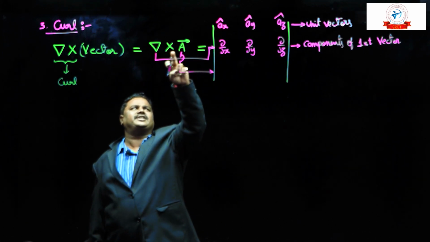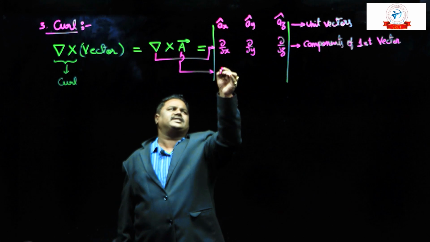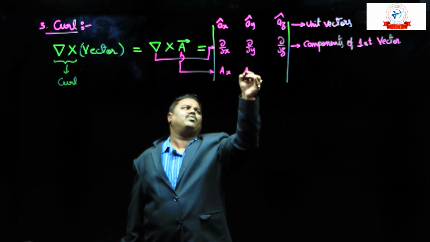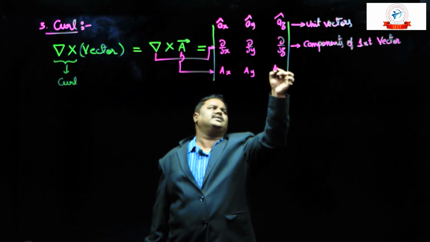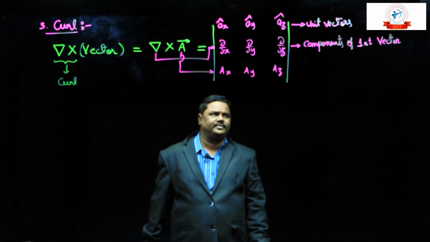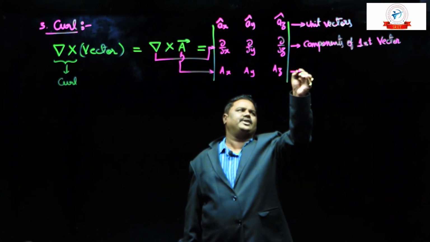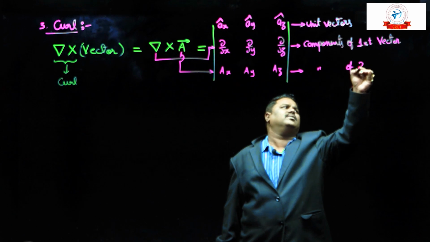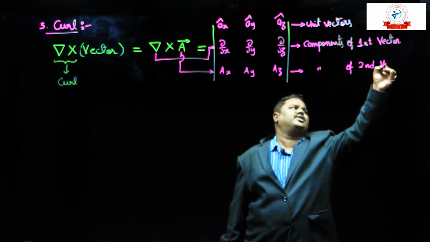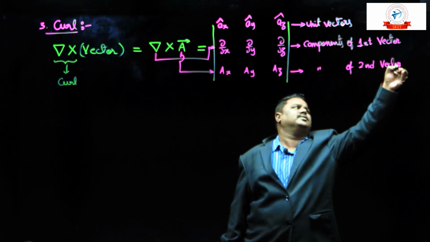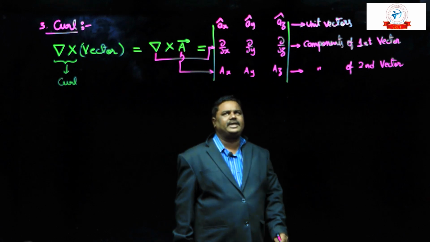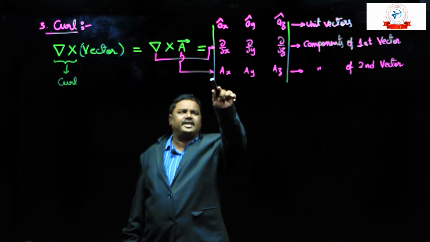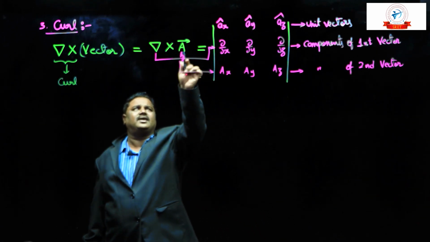Here the second vector is A bar, and its x component is ax, y component is ay, and z component is az. So this row is the components of the second vector. This determinant is the formula for the curl of A bar.